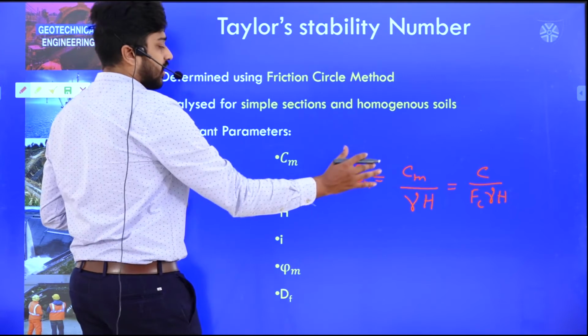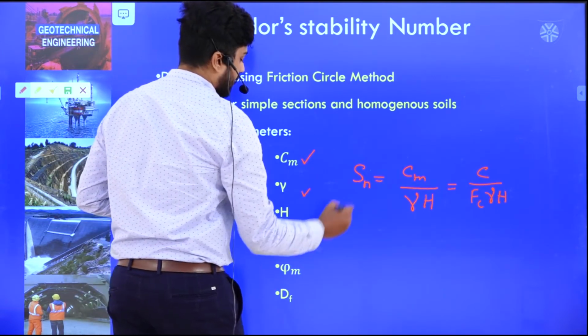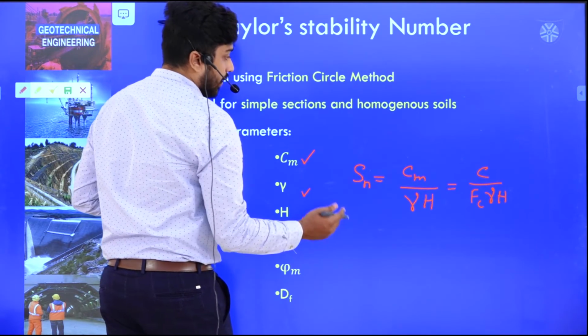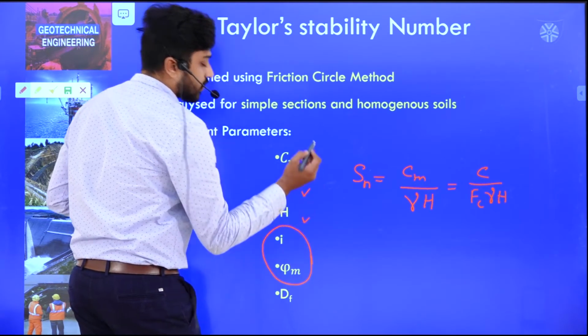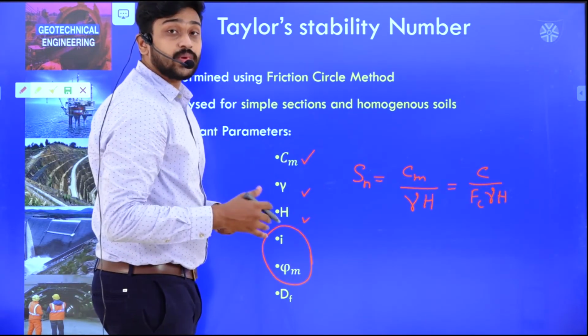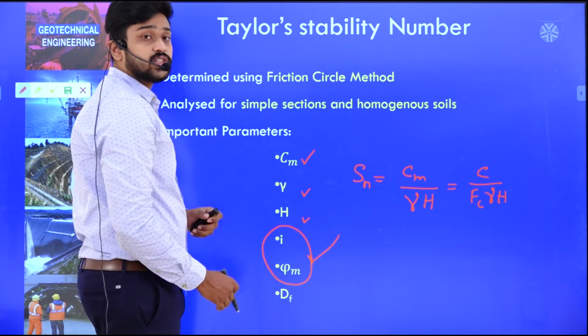From that we can clearly know it is depending on Cm, gamma, h, and apart from that we know the factor of safety is depending upon these two entities. And as per our stability charts also, Taylor stated that it depends on these two parameters.